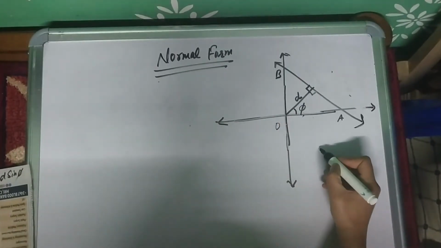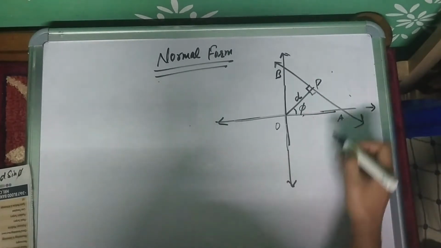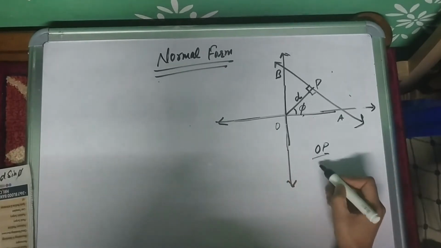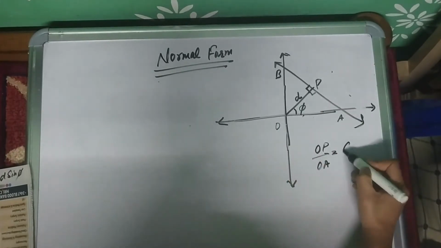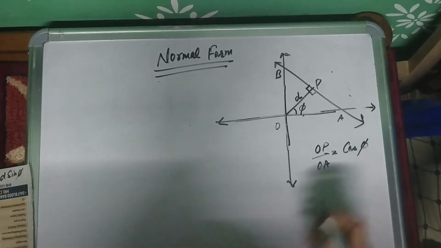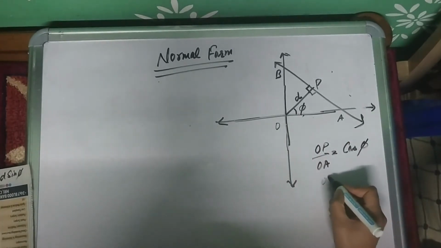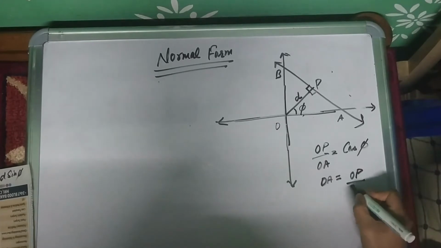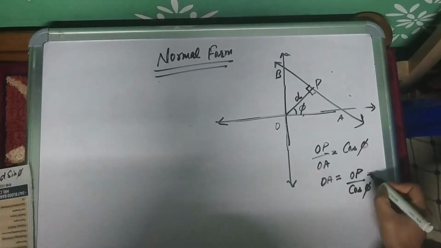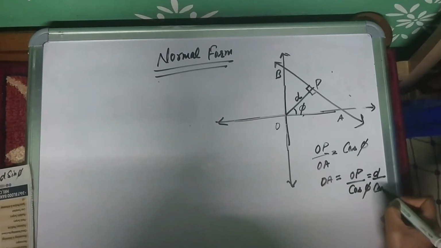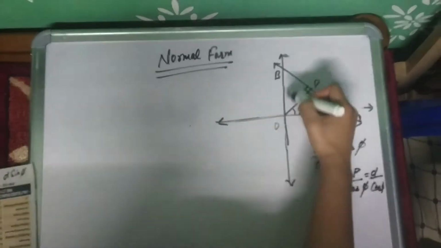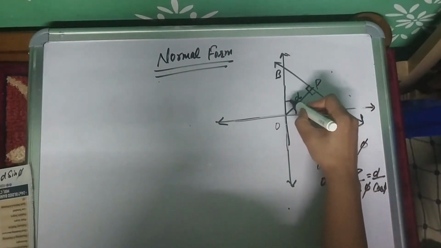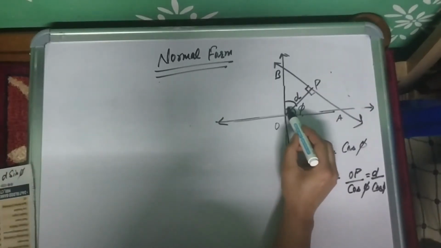So from here we can say base upon hypotenuse is equal to cos of phi. That means your OA is actually equal to OP over cos phi, which means d over cos phi. And in this triangle, this is 90 and this is 90 minus phi, as this full angle is 90.